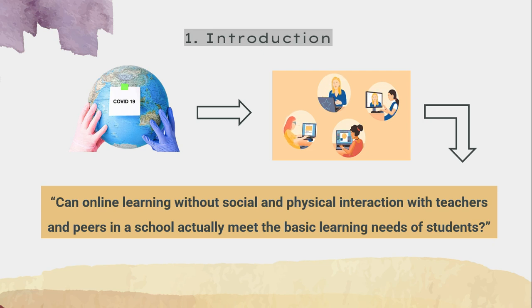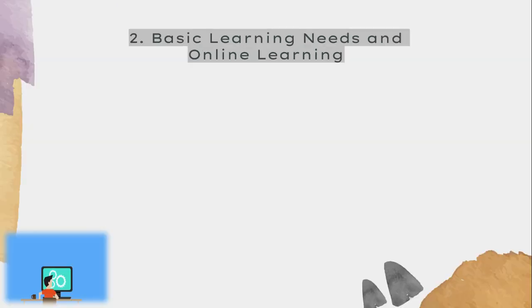Because learning is an emotional and intellectual process that is important for the development of children and adolescents. So, let me turn now to the second topic, which is about the basic learning needs and online learning.